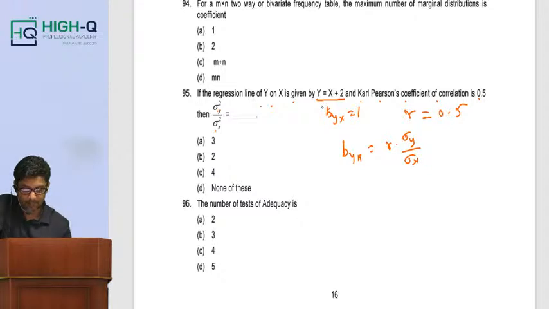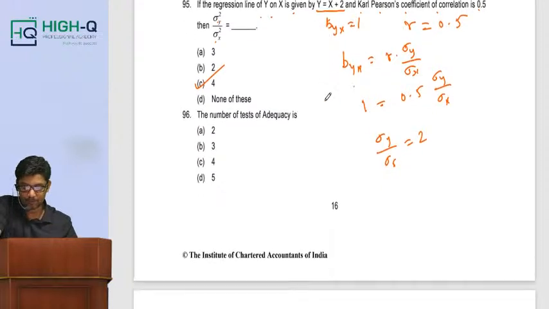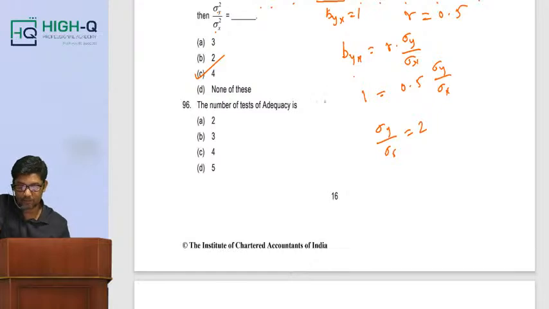So 1 is equal to 0.5 into sigma y by sigma x. 1 by 0.5 is 2. So sigma y by sigma x is equal to 2. The question is sigma y square by sigma x square, which is nothing but 4.